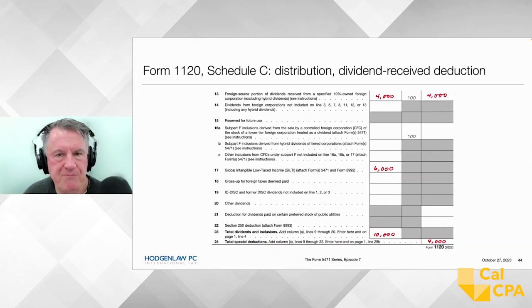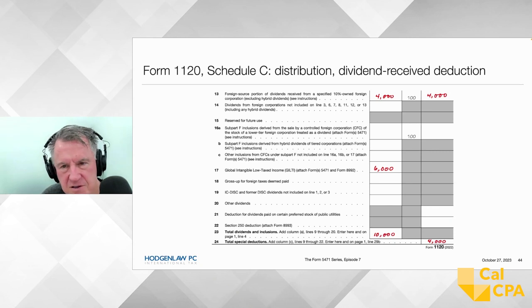So, line 13, see the $4,000. This is the distribution again from untaxed E&P, so it's a dividend. That's the left column. But we get the 100% dividend received deduction, which is the right column. Line 17 is the global intangible low-taxed income inclusion that we got from Form 8992, and so that goes on Schedule C on line 17.